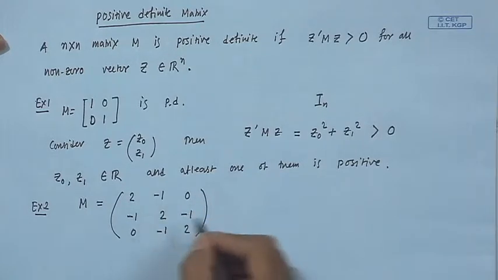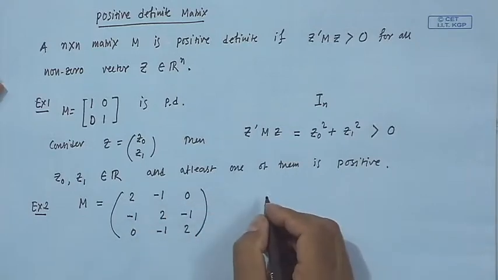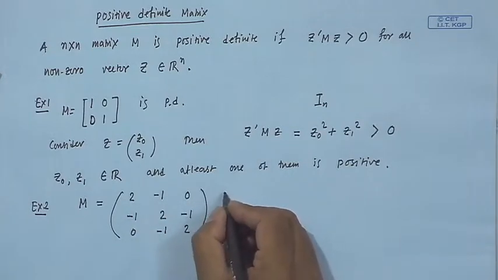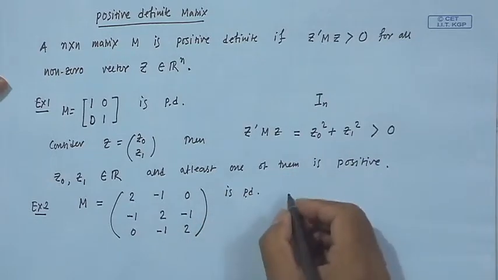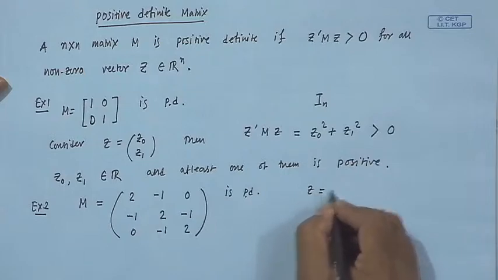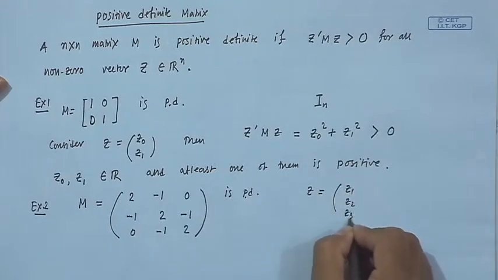So, this is a matrix involving some negative entry, but this is positive definite, because you take z equal to say z 1, z 2, z 3.